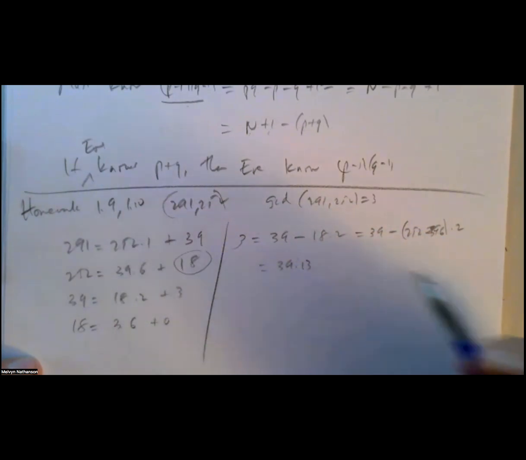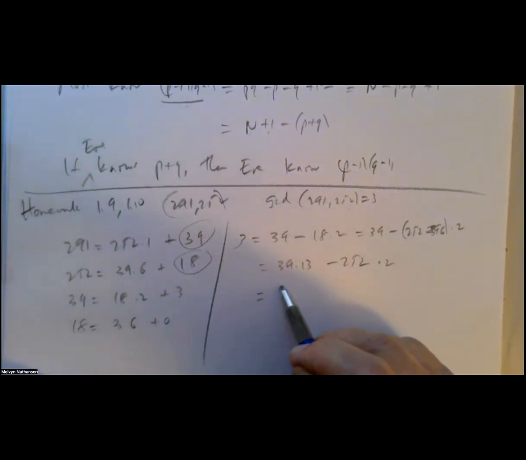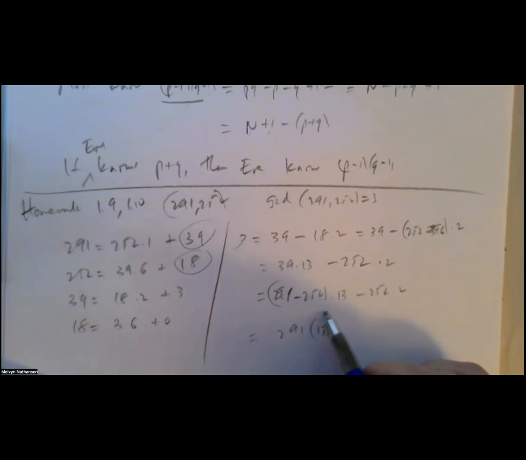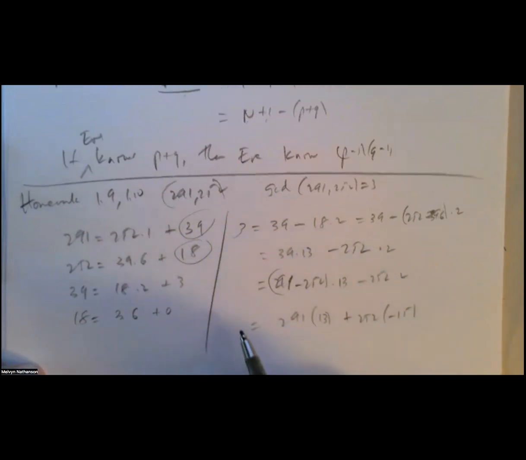That's 39 times 13 minus 252 times 2. And 39 is 291 minus 252. So this is 291 times 13 minus 252 times 15. Let me just check.